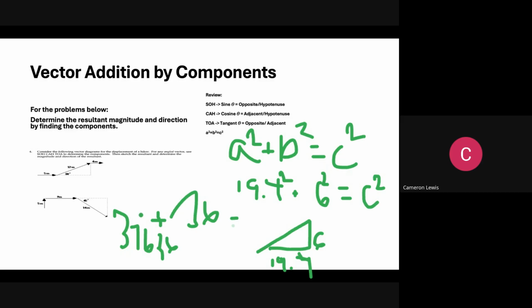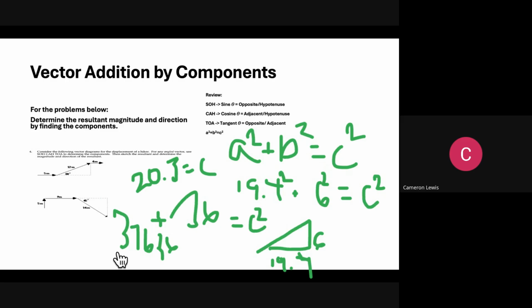And that's equal to C squared. So then you just add those two together and take the square root. So it's like 412, and then you take the square root of that. We get about 20.3. If anyone did it themselves, did they get the same thing? Yes. All right, cool. 20.3.